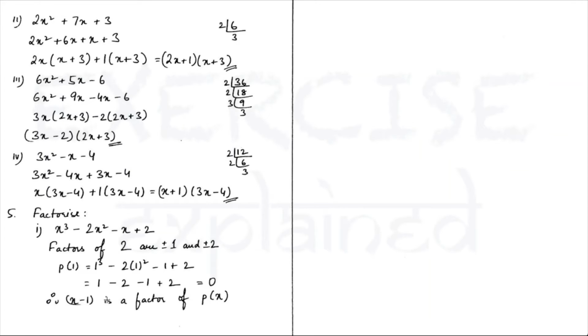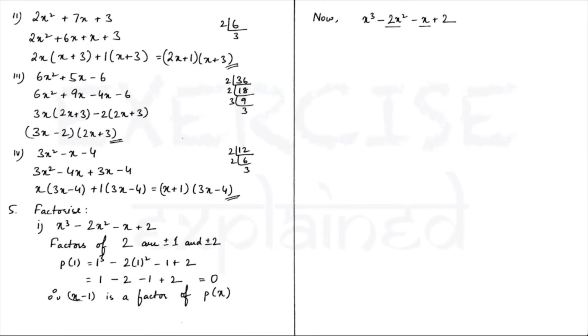The next sum, what I would do is I would take this x minus 1 and I would divide this entire thing with x minus 1. Please be very careful with this because this is slightly difficult. So I just wrote this x cube minus 2x square minus x plus 2.